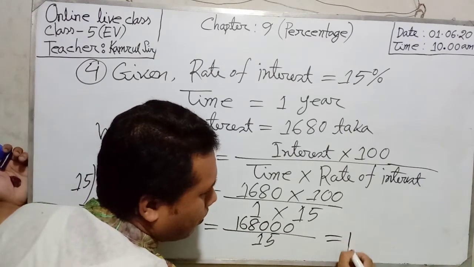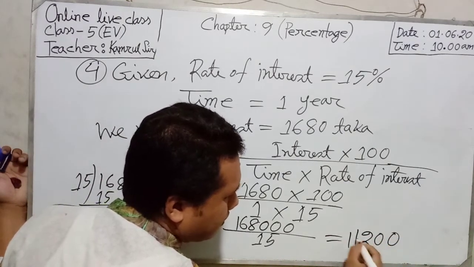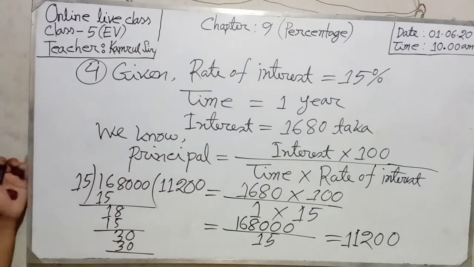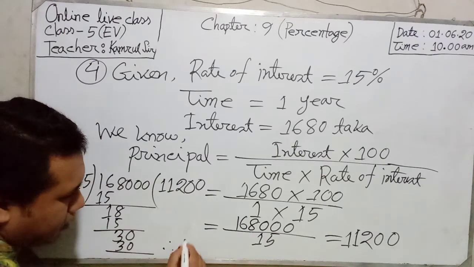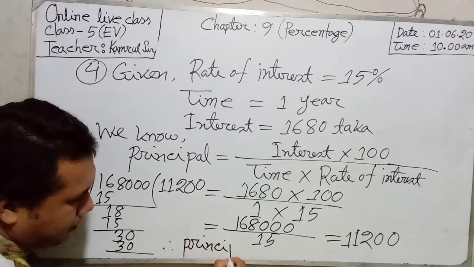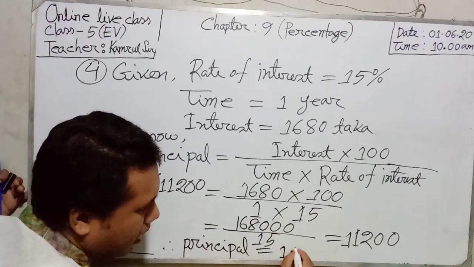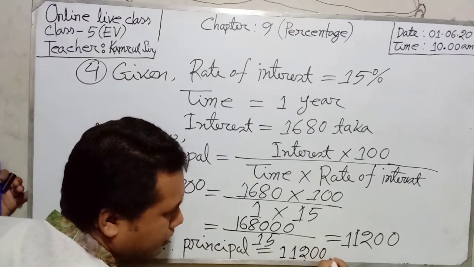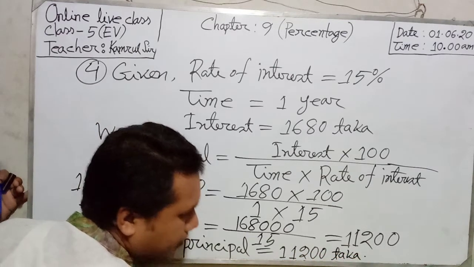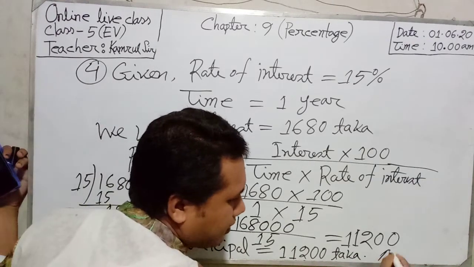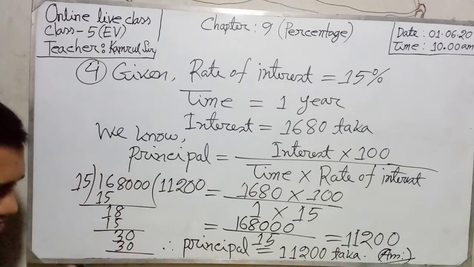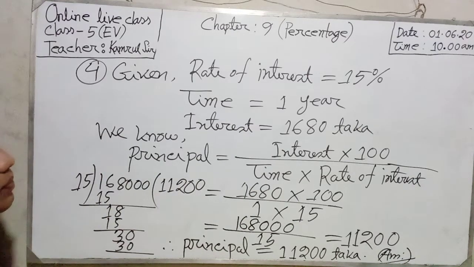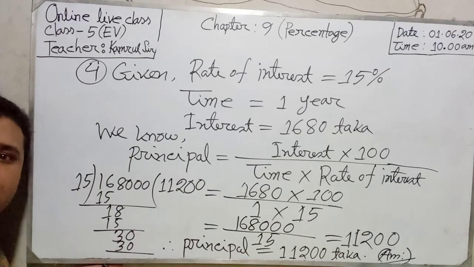So our answer is 11200, so 11,200 taka. This is our required principal. So now you can write, therefore principal equals 11200 taka. This is our answer. Clear? Okay. Now we will go to our problem number 5.